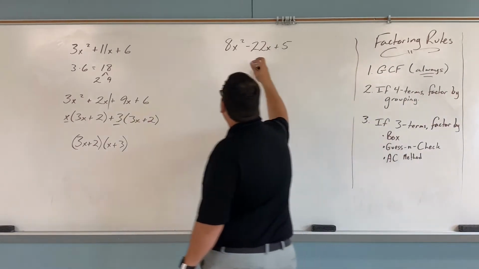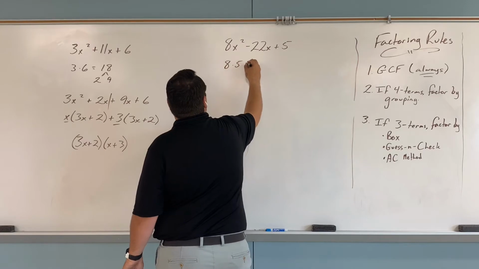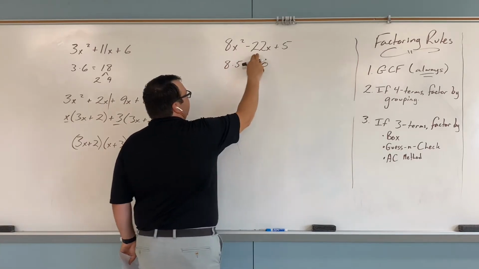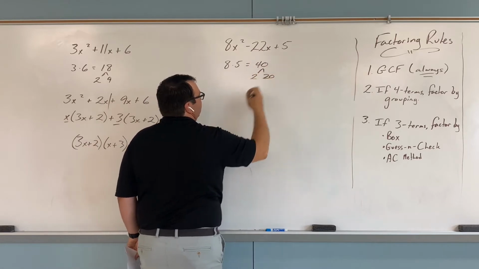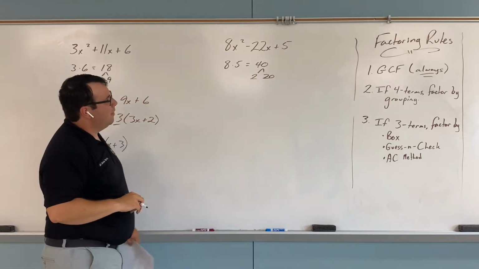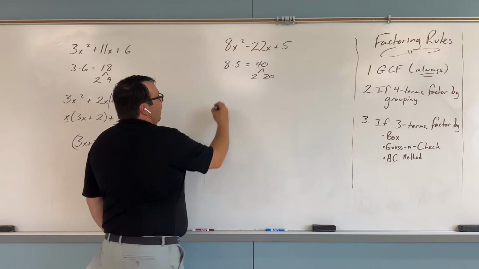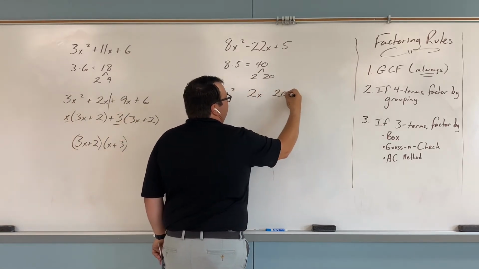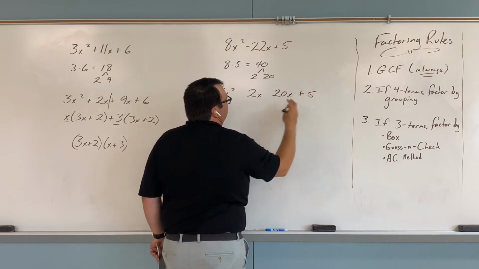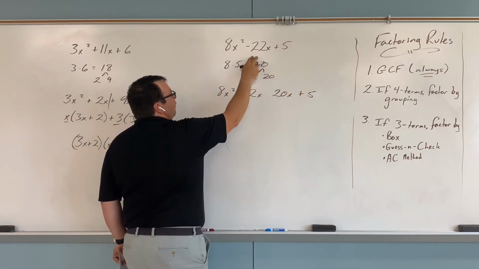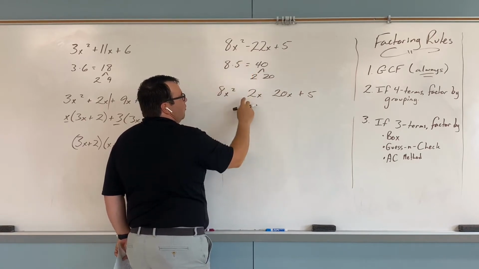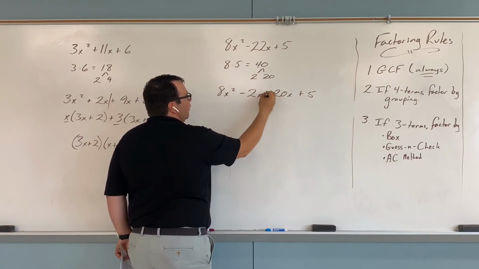So we're going to jump right into it. 8 times 5 is 40. Factor pairs of 40 that might give me 22. 2 and 20 are kind of shouting at me there. I'm going to use 8x squared, 2x, 20x plus 5. Again, notice I did not put signs in here when I split up that 22. I know I need a negative 22. How do I get it from here? Both of those have to be negative.